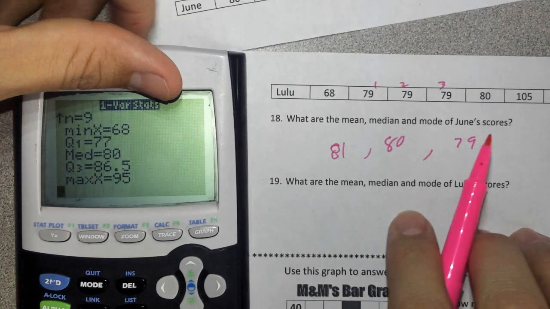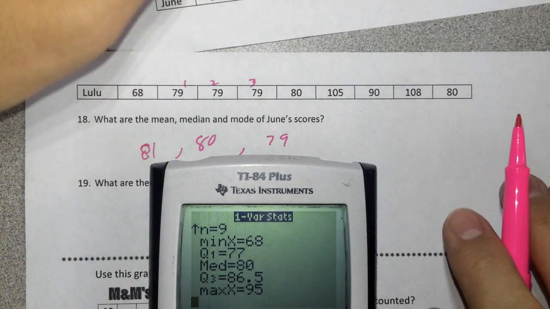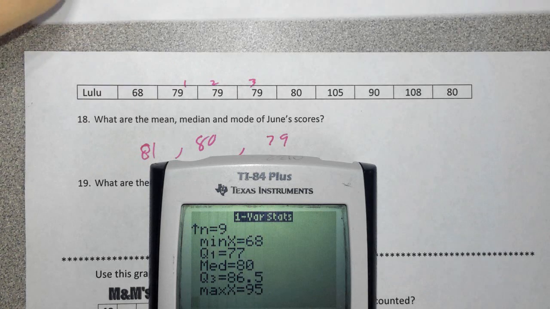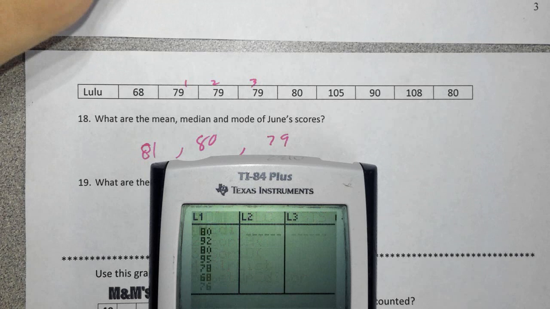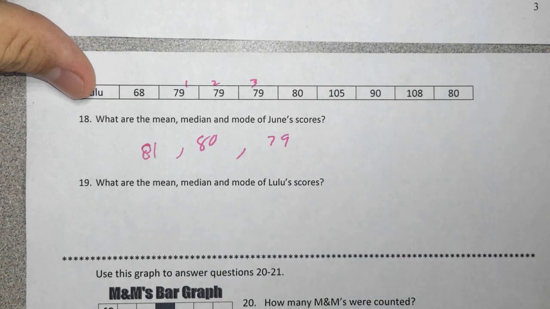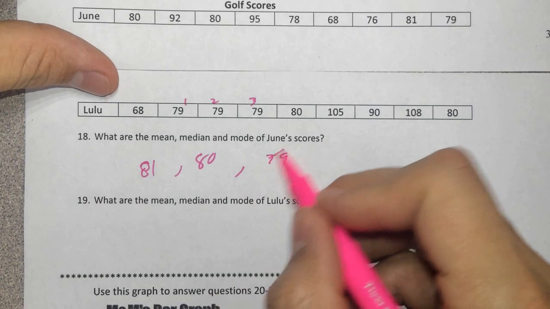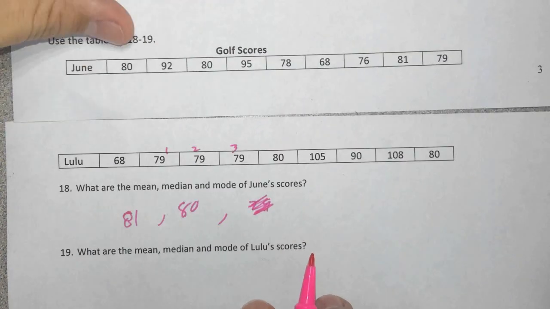Now let's go ahead and do Lulu's data. Yay, Lulu. Okay, so we're going to go to stat edit, put Lulu's in here, 60. Oh, I'm sorry. June's scores are up here. Sorry.